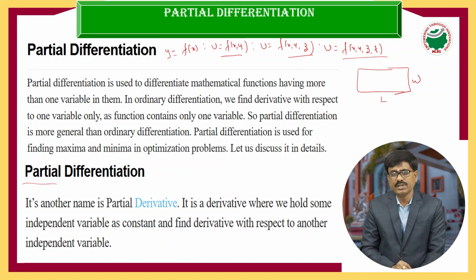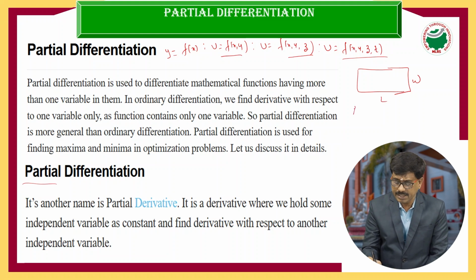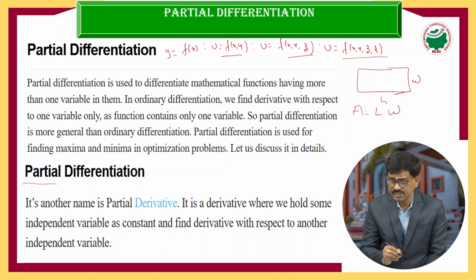Here one quantity we are varying, and we are treating the other variable as a constant. Now you have an idea about what is dependent and what is independent. I can say it is a constant. In another form, the partial derivative holds the independent variable and treats it as a constant. Whenever we are treating two variables, let us take A. A is equal to what? Length times width.